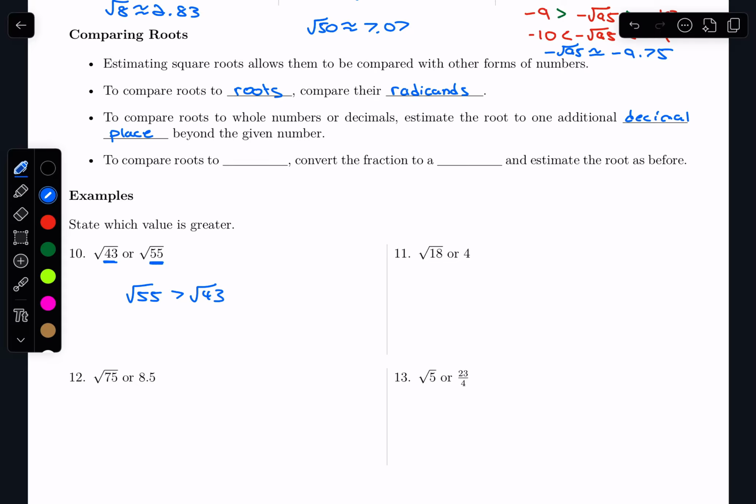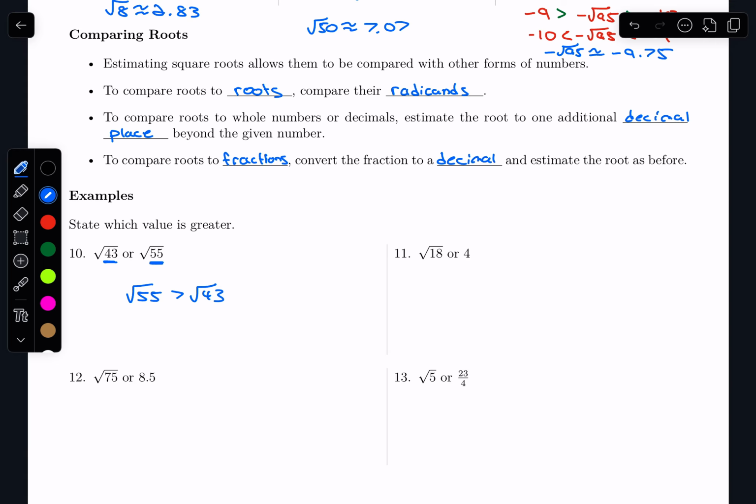If the numbers are really, really close to each other, then rounding our decimal approximation might actually change the answer. But if you go one extra decimal place beyond what you need, then it's clear that when you round, nothing will be affected. All right, and then to compare roots to fractions, we're basically going to do the same thing as the previous bullet point, but first we have to convert the fraction to a decimal.